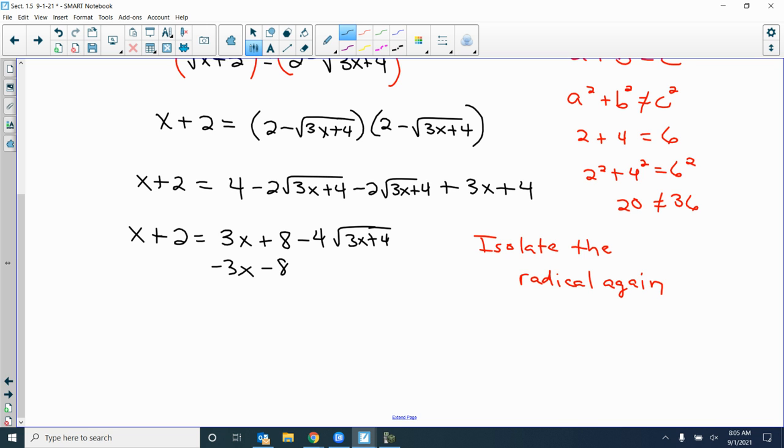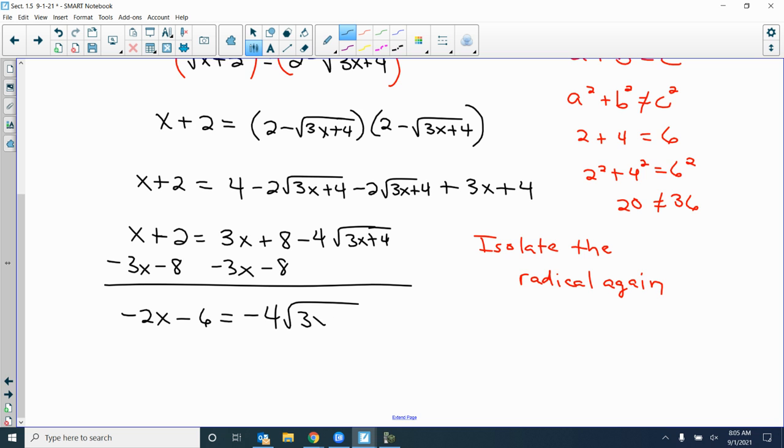I'm going to subtract 8. And now that gives me minus 2x minus 6 equals negative 4 square root of 3x plus 4.